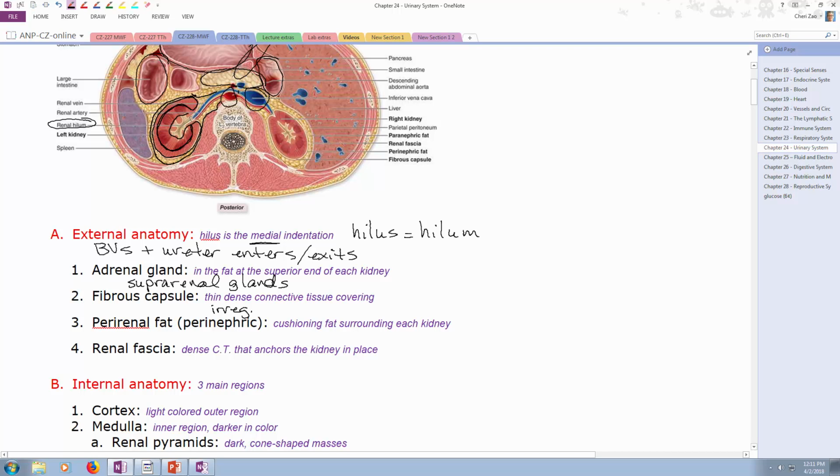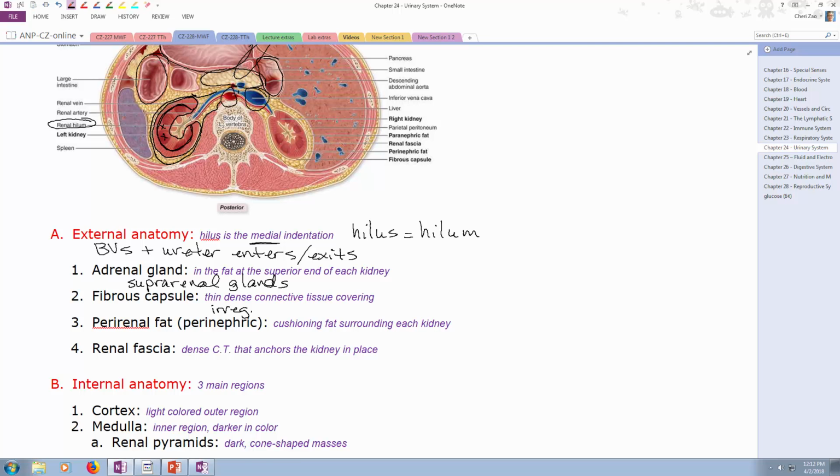In the medullary area are these guys called pyramids. And then what are the things in between the pyramids called? Columns. So renal columns. And in those renal columns are actually where you're going to find those blood vessels that are called interlobar.